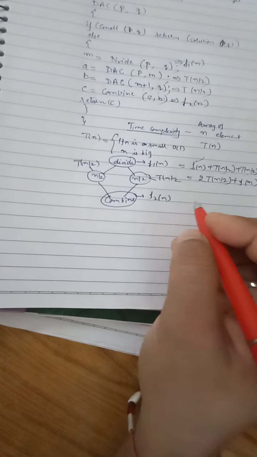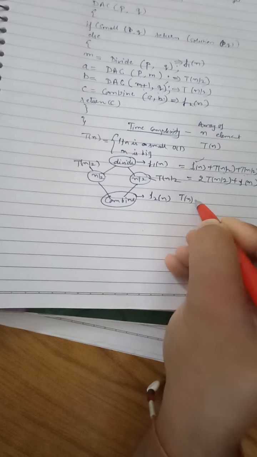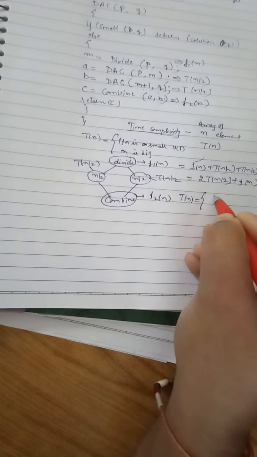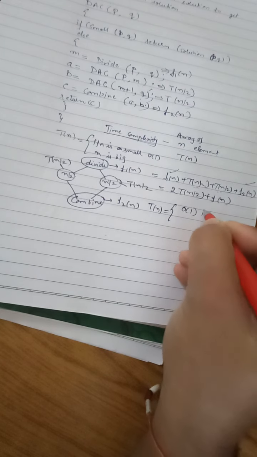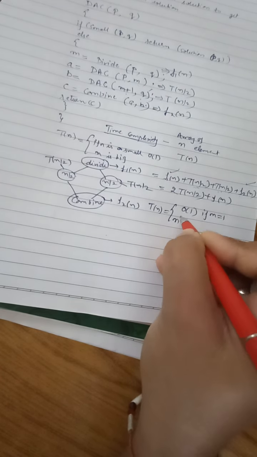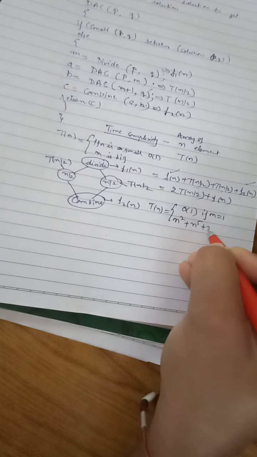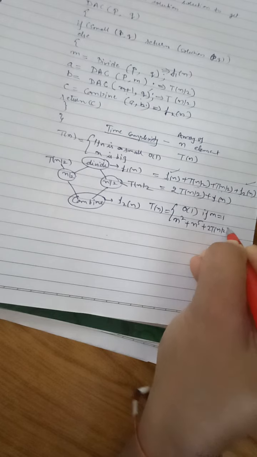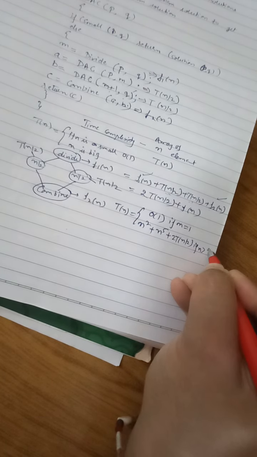Simply we can say the time complexity will be order of 1 if n is equal to 1, and if n is greater than 1, it is 2T(n/2) plus the divide time and combine time, say n squared.